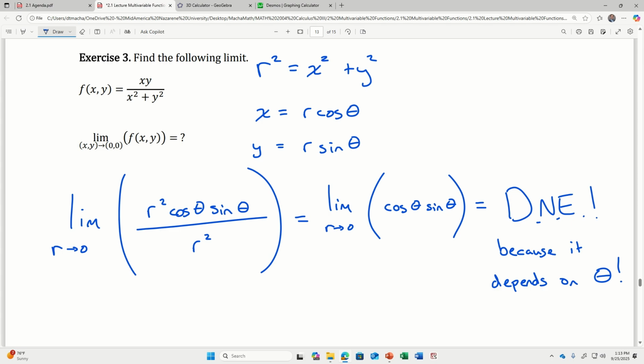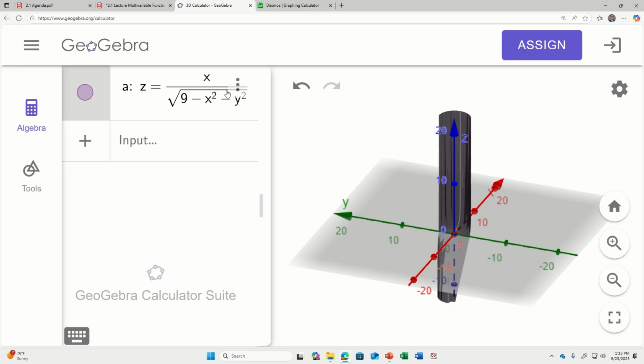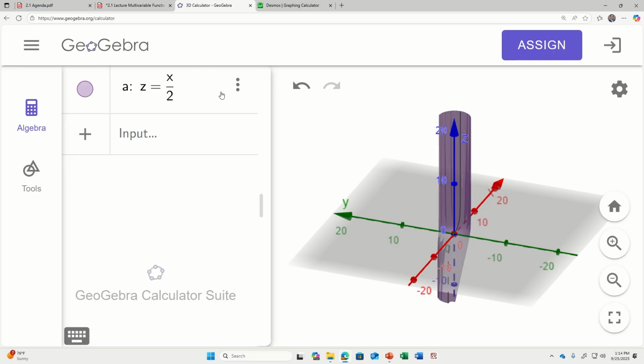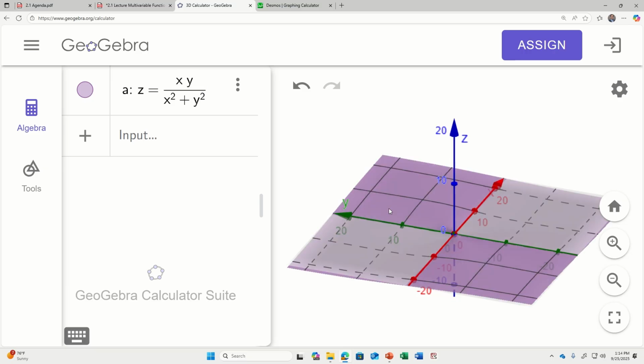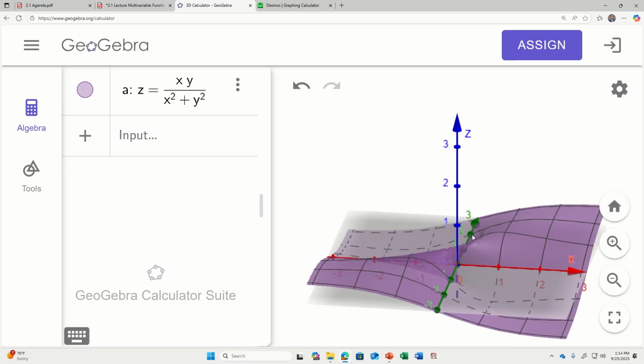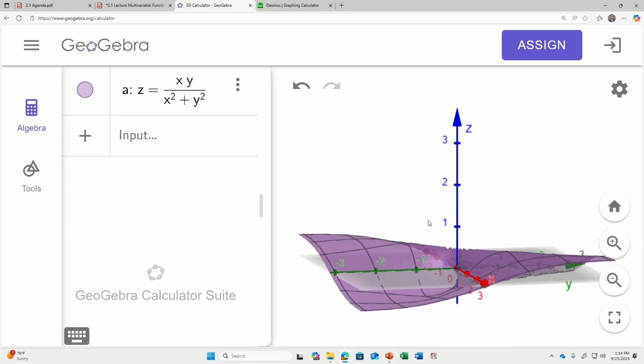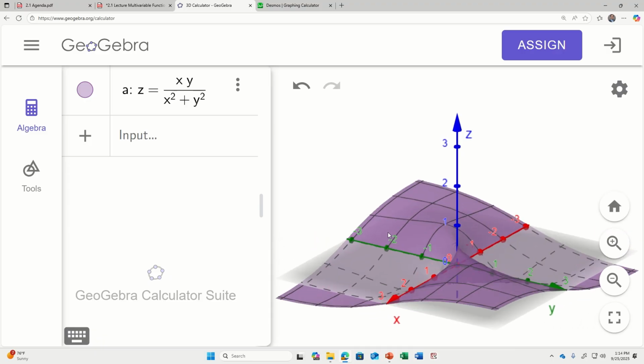In fact, this is a great time to use GeoGebra. xy over x squared plus y squared. And we'll see what that looks like. So we're taking the limit as we approach the origin.